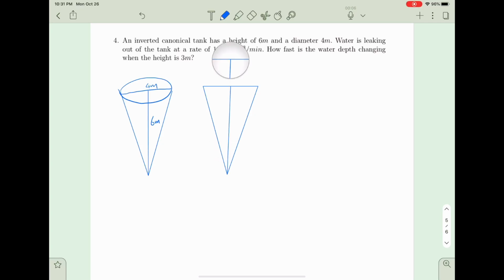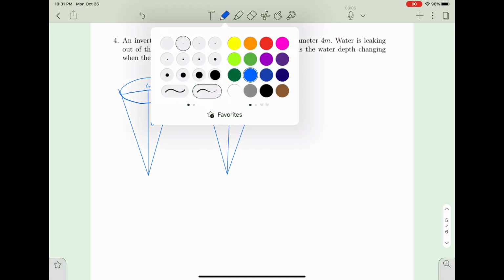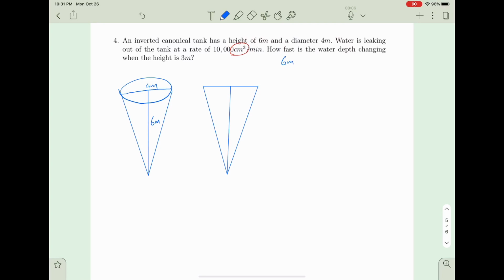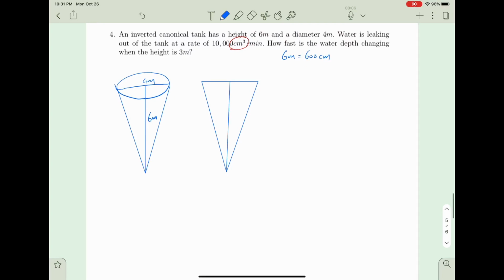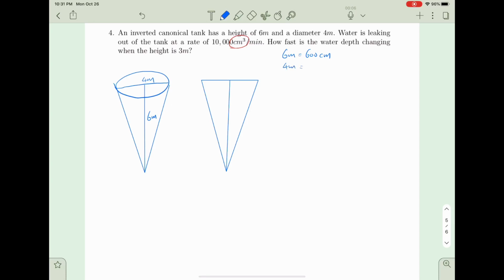So the radius is 2. Notice that later on we're going to use centimeters, so it's better to just convert the meters into centimeters. So 6 meters is equal to 600 centimeters, and 4 meters is equal to 400 centimeters.